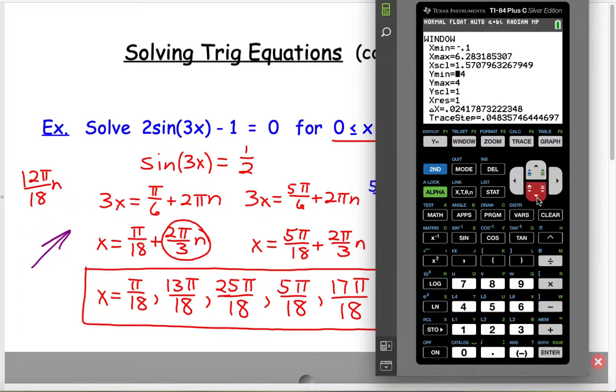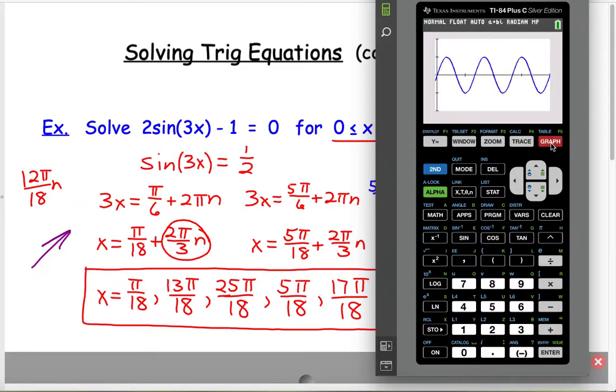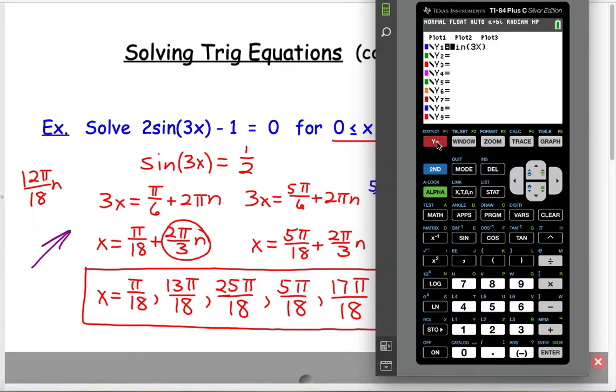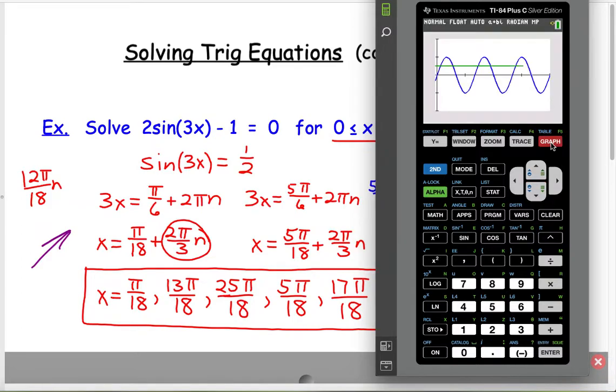And we'll leave that alone, and then we'll go negative 2 to 2. Okay. So that's the graph of sine of 3x between 0 and 2 pi. Let me also graph y equals 1/2, the constant. You can see that my sine graph intersects y equals 1/2 at 6 different spots.